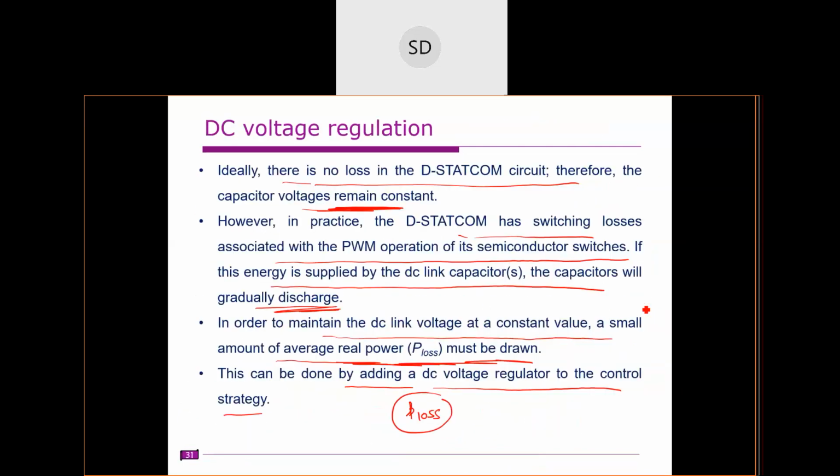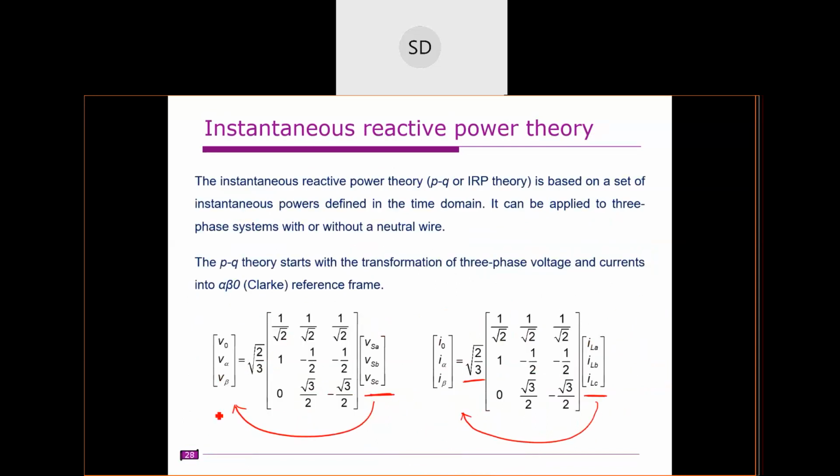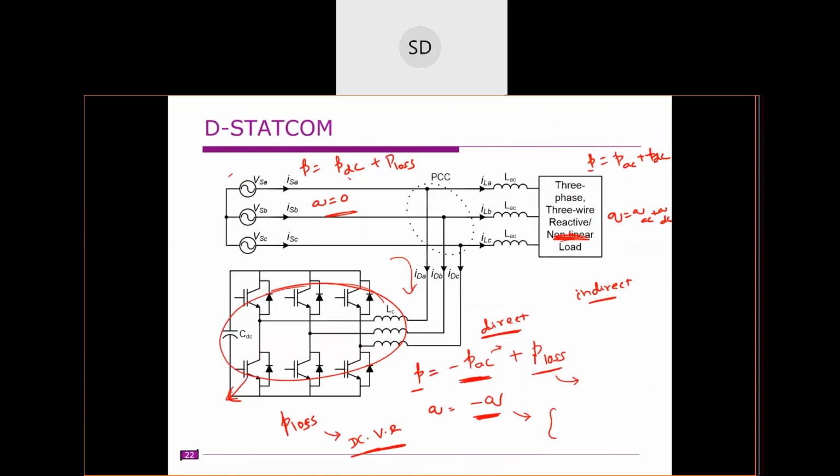So what will they be replaced with? In the case of D-STATCOM, what are the powers we have calculated? P is minus P_AC plus P_loss, and Q is minus Q. Agree?